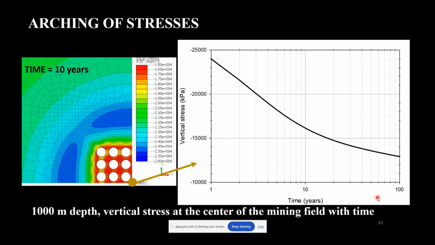For instance, I'm assuming linear elastic material for the overburden rock, so the material never fails. We are not simulating any plastic deformation, so it can carry any shear stress that we impose on the material.